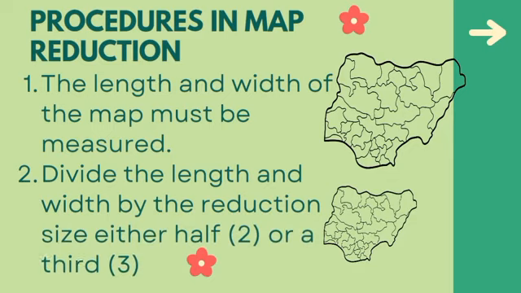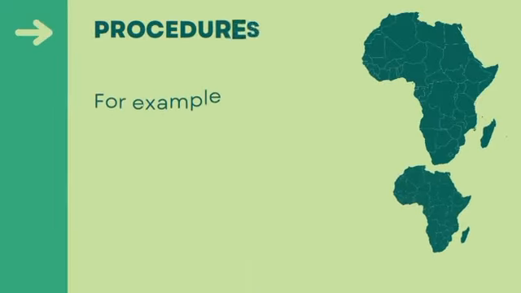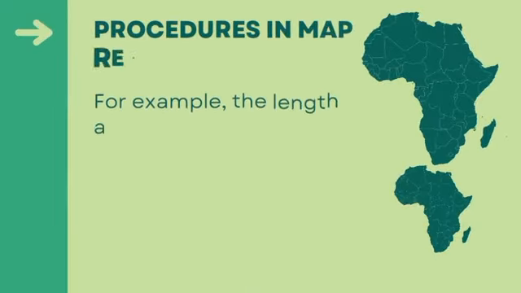Let's say the new map is to be reduced by 2 and our previous map's length measurement is 20, the new map automatically becomes 10 centimeters. So using this, we get the new size of our map after dividing the previous map's measurement.